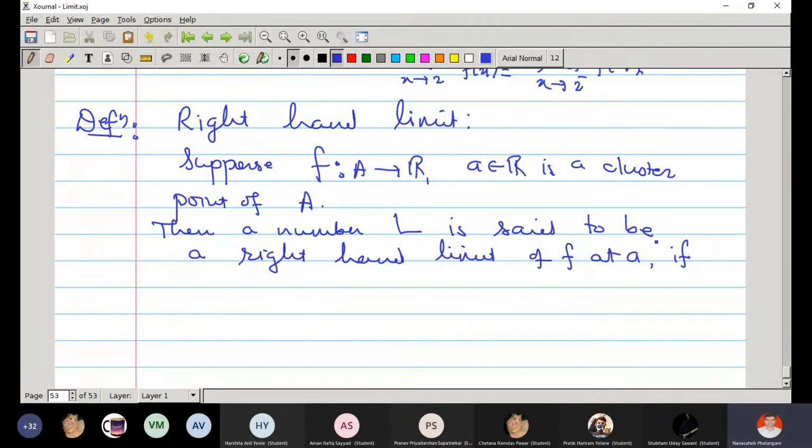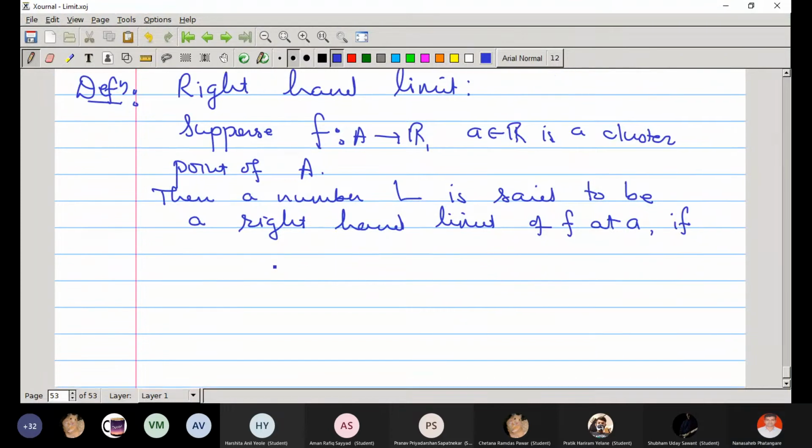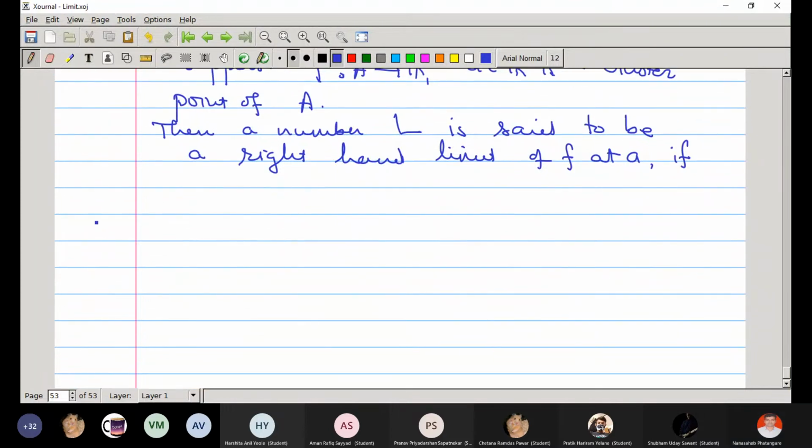Now how will you make the definition of the right hand limit? So this is my a and I am approaching towards a from the right side. So the left side is not at all considered in this case, right? At present x is here. So how do we make the definition in the same view of our basic definition?